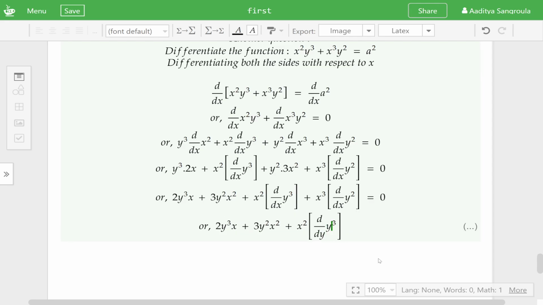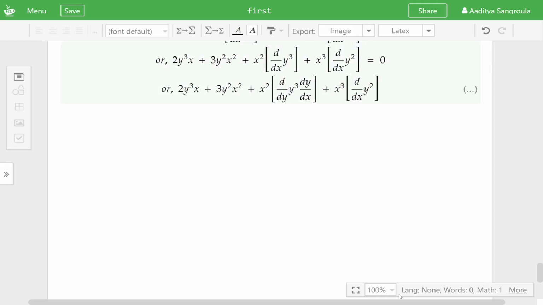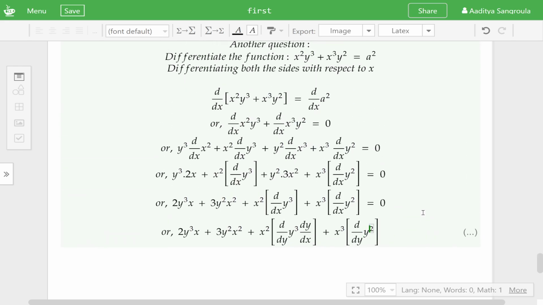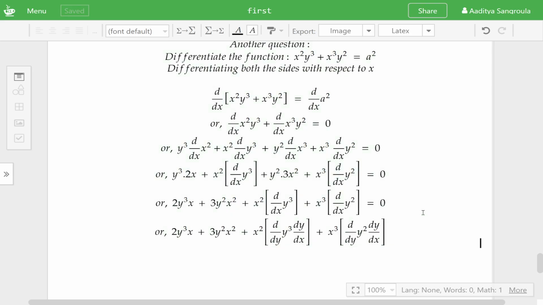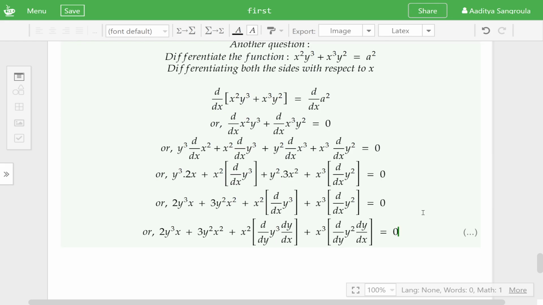This is dy times dy over dx using the chain rule, plus dy times dy over dx, and this is basically equal to 0, and we copy this entire step.